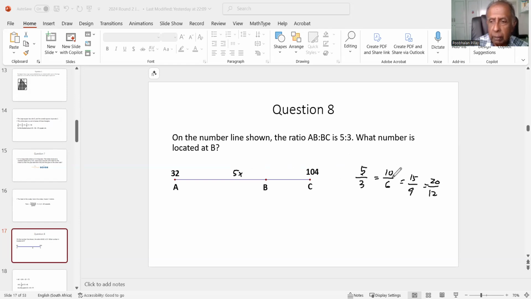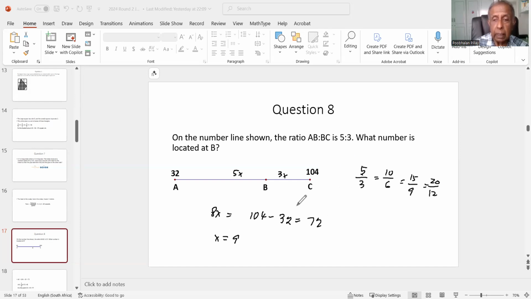5 times something. 5 times 2, 5 times 3. And here it's 3x. So in other words, the full length is from 32 to 104, and that is 72. So 8 times x is 72. So x is 9.